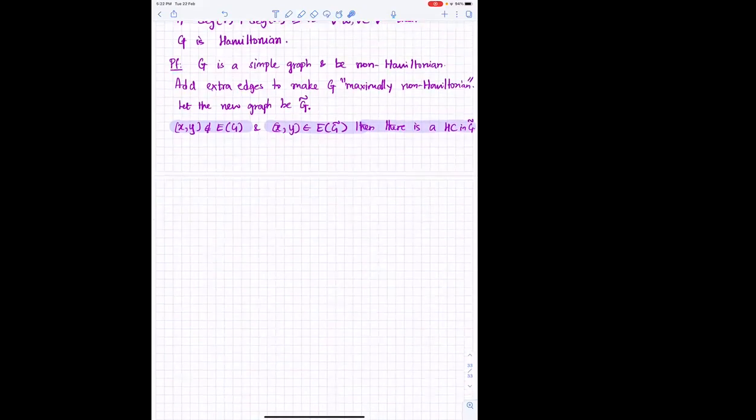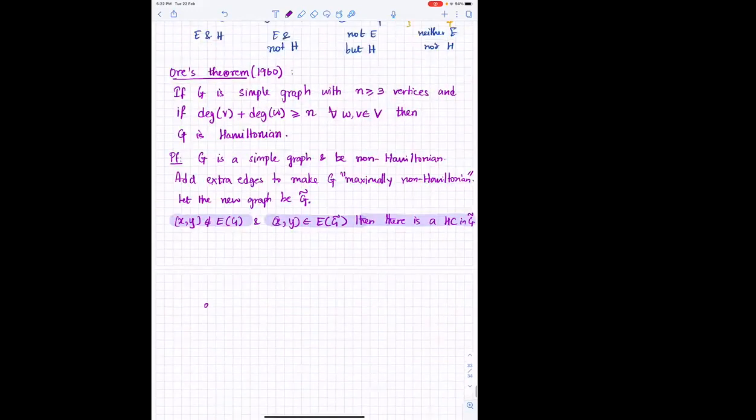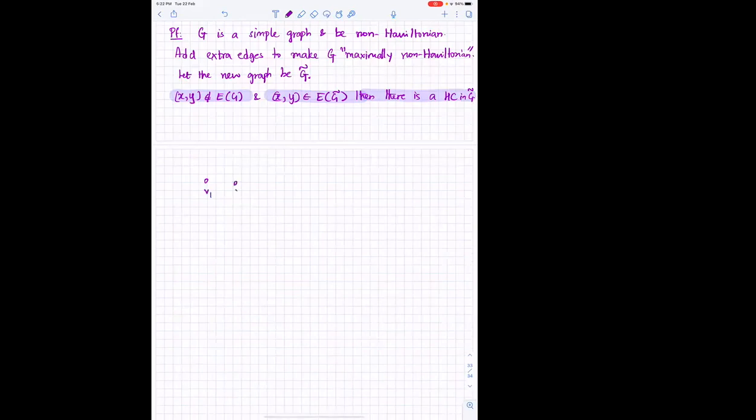What is true in G tilde? So let's say there are n vertices. That's what we said, it has n vertices. So let's call these vertices v1, v2, v3, up to vn. Let's take x as v1 and y as v2. What can you say about the edges in G tilde?